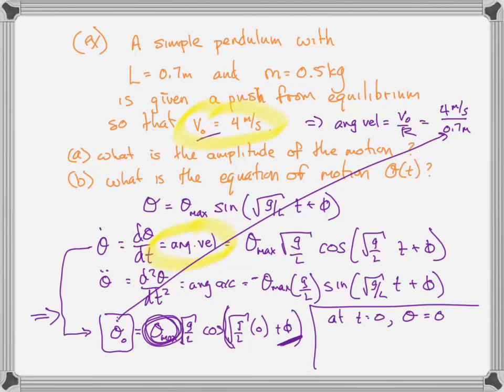If at t equals 0, theta is 0, then we can plug that into theta equals theta max sine of square root of g over L times 0 plus phi, and solve for phi. In order for the sine to be 0, the argument has to be 0, and so that means phi has to be 0. So we get the phase is equal to 0 because of the initial conditions: at t equals 0, theta equals 0. That comes from the first equation.